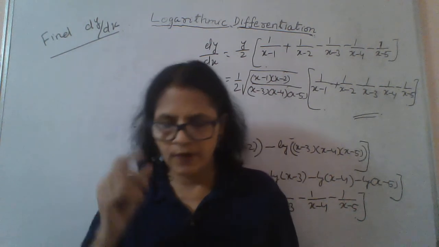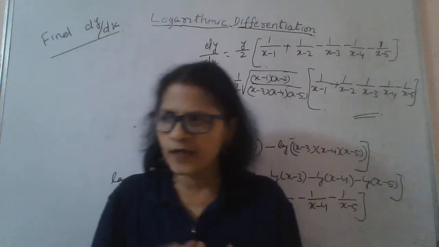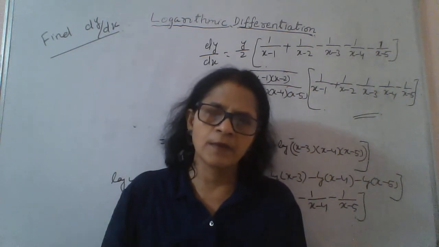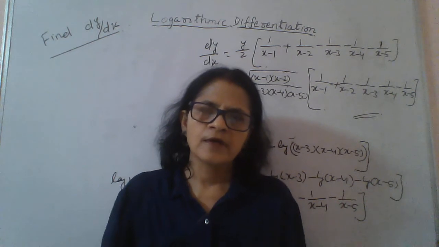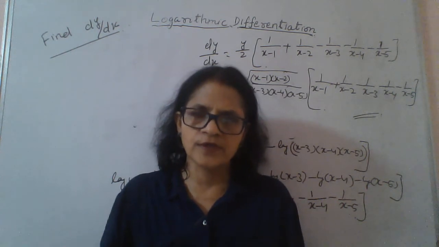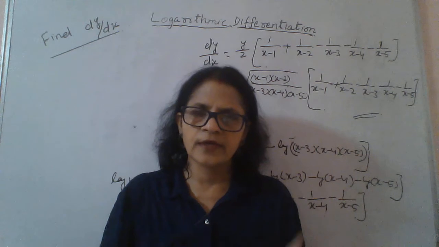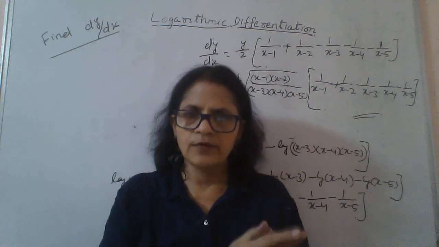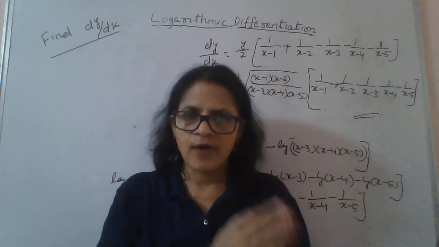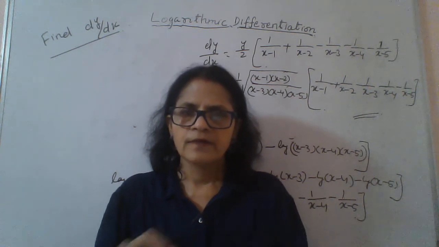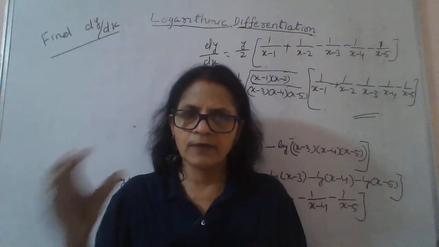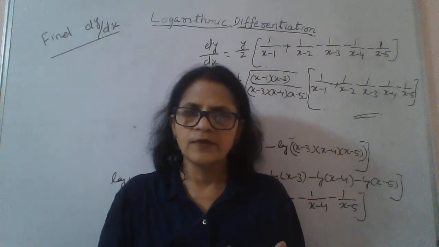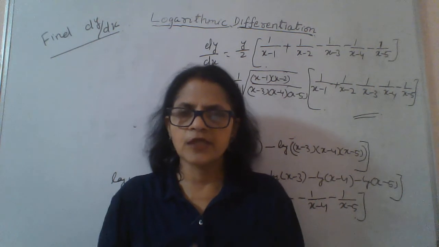And one more thing you have to see: whenever you have, for example, y equal to (sin x) power (log x) plus (log x) power x, for such questions do not take logarithm of both sides. You have to take u and v, then y equal to u plus v, then du by dx, dv by dx, then after that dy by dx equal to du by dx plus dv by dx.